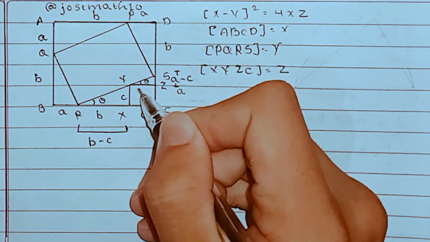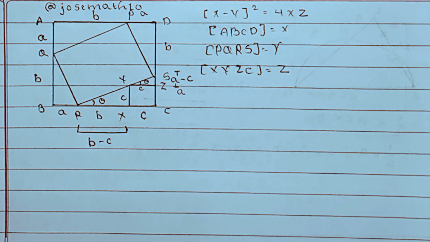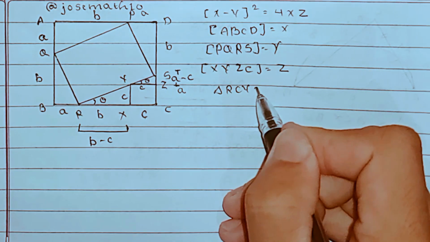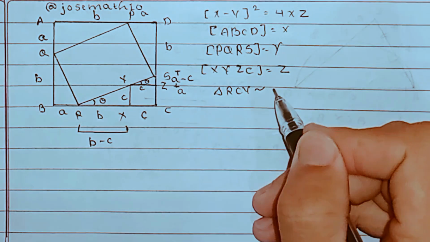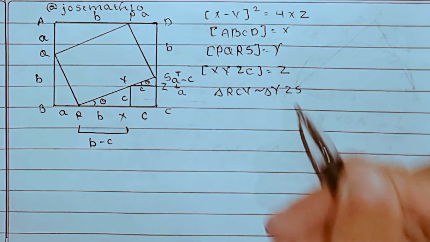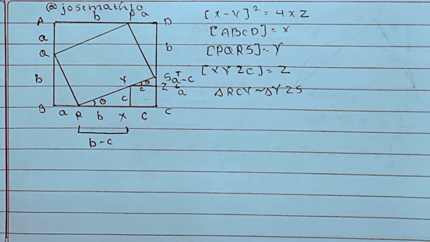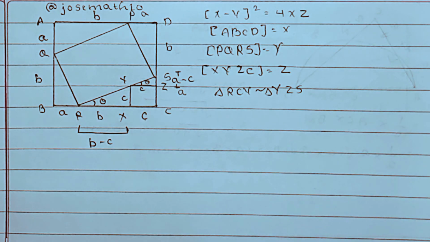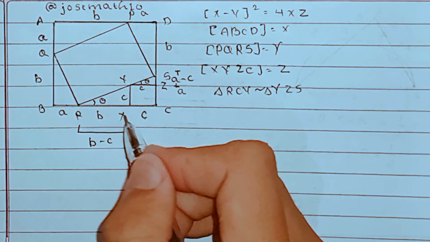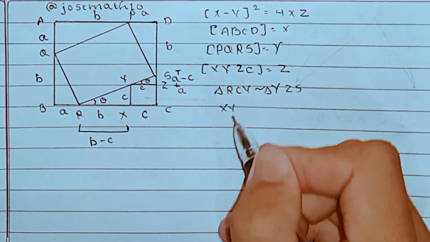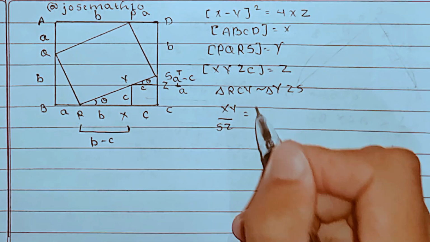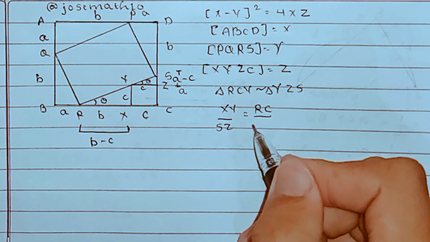Okay, so let's start. Now we have to use the concept of similarity. Here triangle RXY is similar to triangle YZS. If they are similar, we can use the concept of ratios, in which the ratios of the corresponding sides are equal. So we can take XY upon SZ is equal to RX upon YZ.